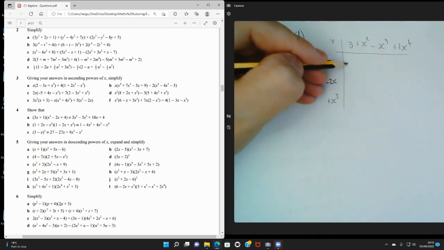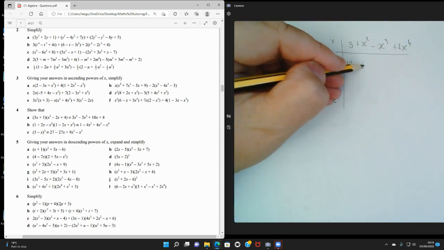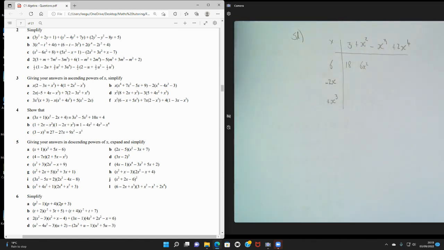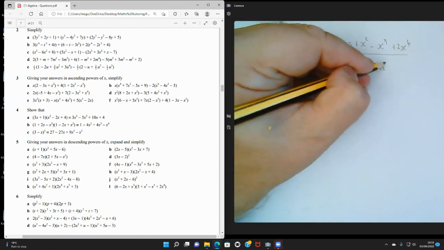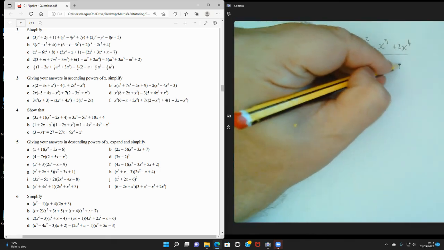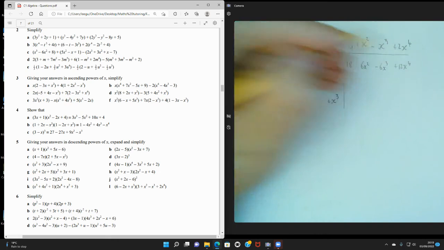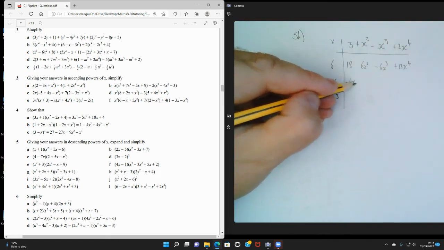So 3 times 6 is going to be 18. 6 times x squared is 6x squared. We have got 6 times minus x cubed is minus 6x cubed. 6 times 2x to the 4th is plus 12x to the 4th. Minus 2x times 3 is minus 6x.